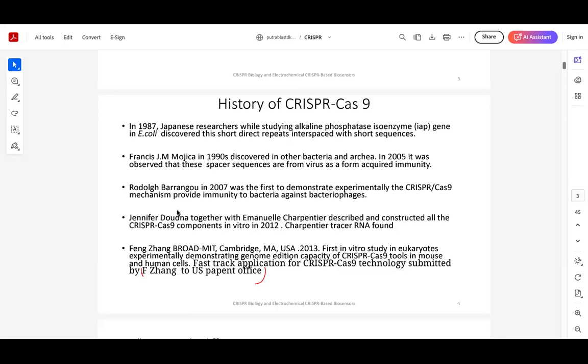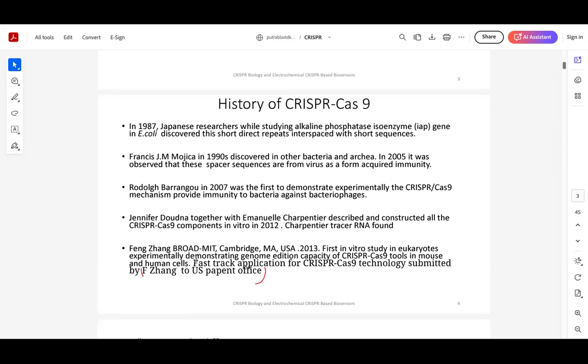And this is Zhang from the Broad Institute. The Broad Institute is a research institute combining experts from MIT and Harvard, and they do a lot of CRISPR-related technology.